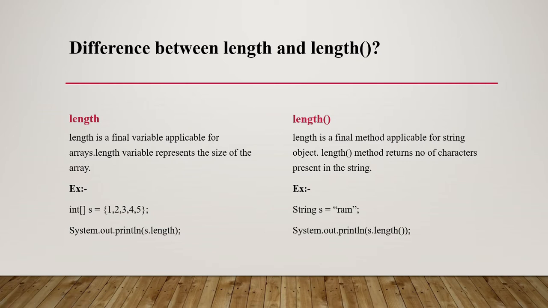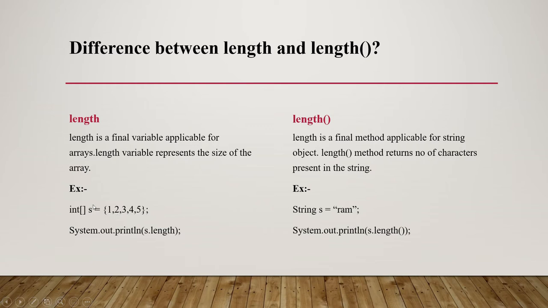Okay, so we will see the example of the length variable first. So this is the array, s is the array type. In that array variable we have a huge number of values like 1 2 3 4 5.